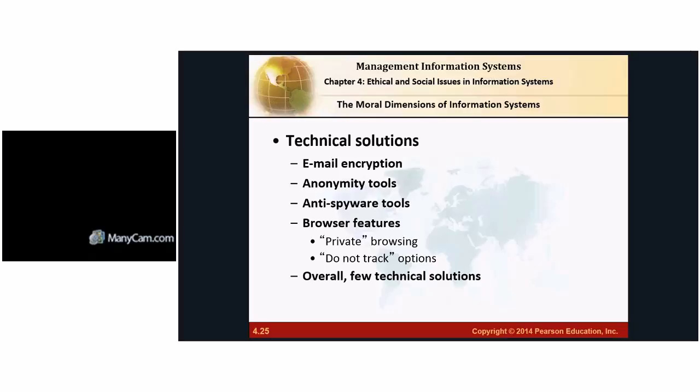And there are browser features like private browsing and do not track options. Overall, a few technical solutions, right? The modern firewalls have security built in for unified communication controls, right?